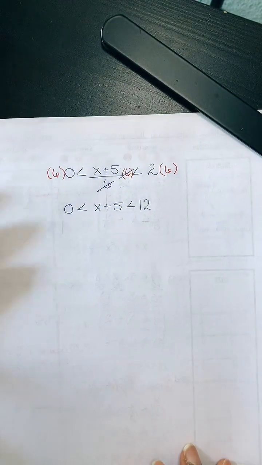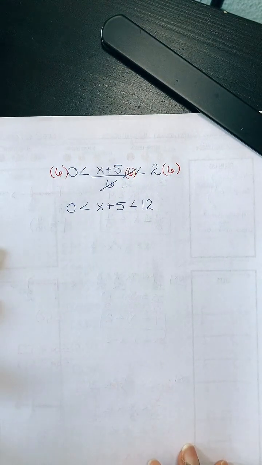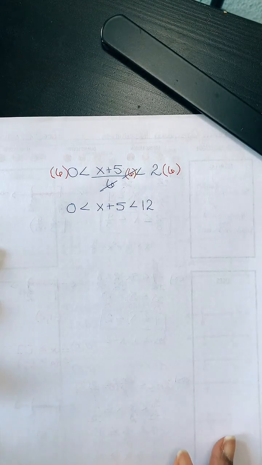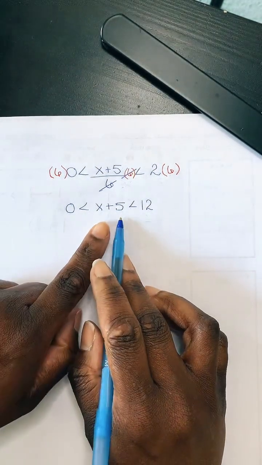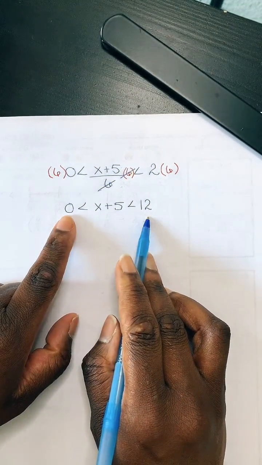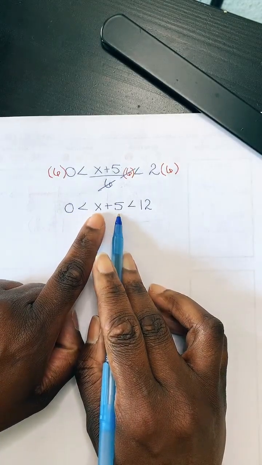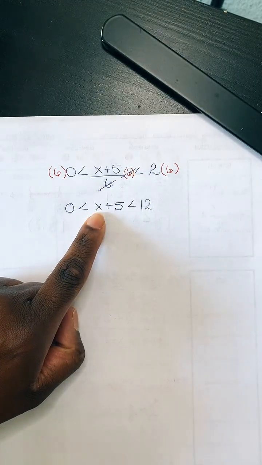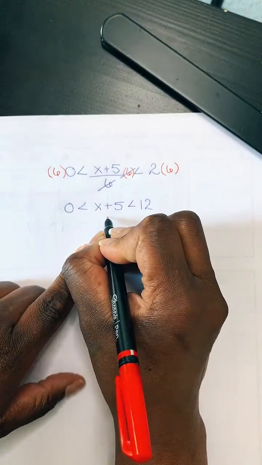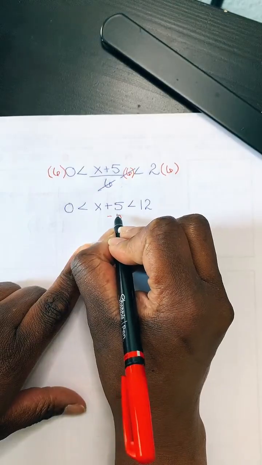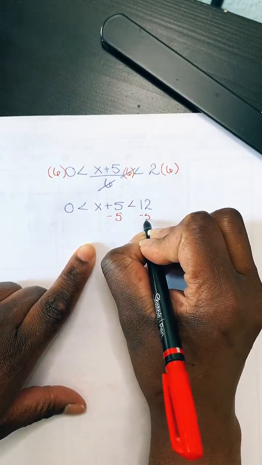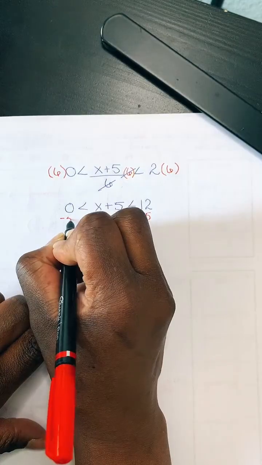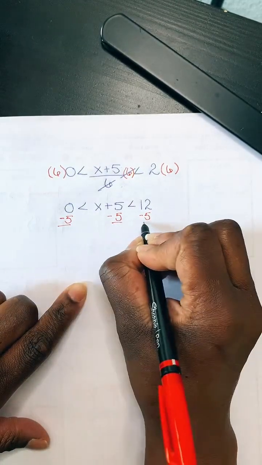Okay, awesome. So now, again, working from the inside out, we want to get x by itself in between the inequalities. So the opposite is going to be subtracting 5, and you're going to subtract 5 in all 3 spots.